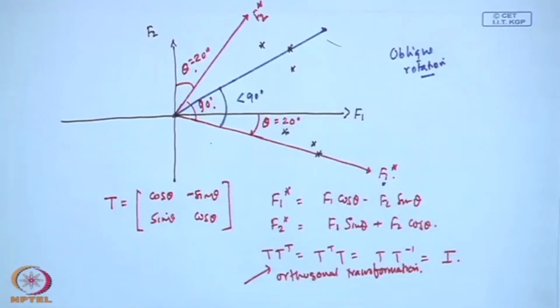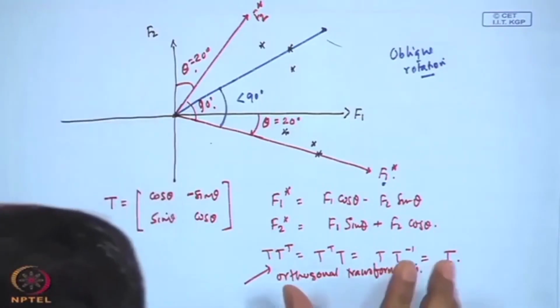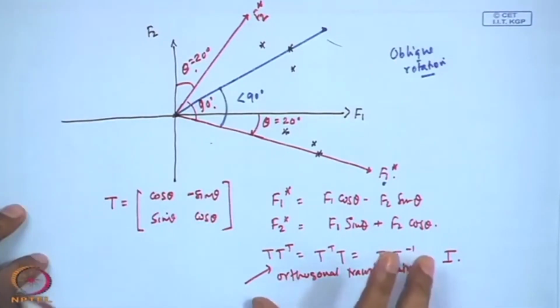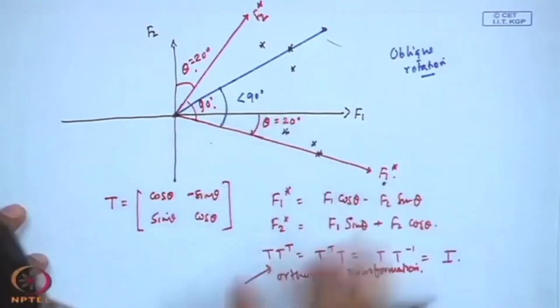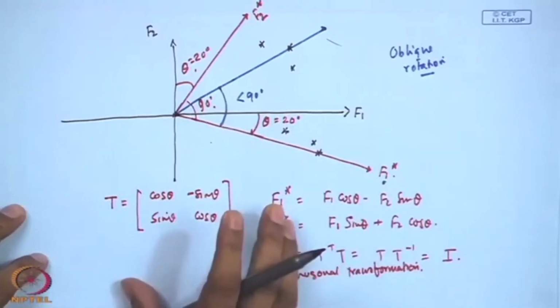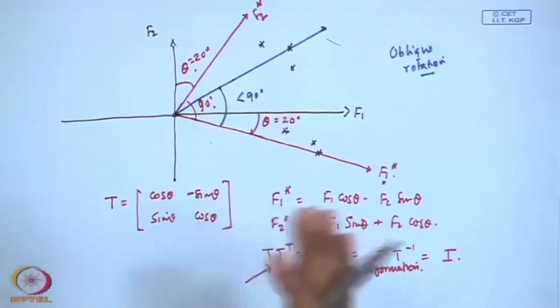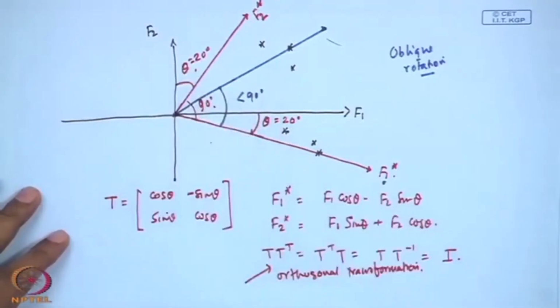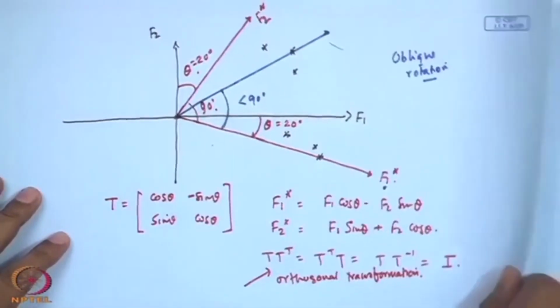Now, what we want to see is, under orthogonal transformation, or the other way I can say under orthogonal rotation, are we losing anything related to explaining the variability of the original variables. Okay.